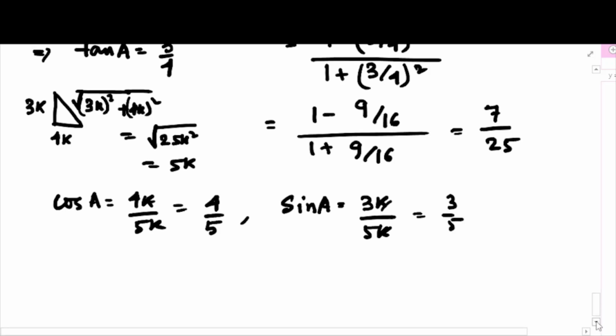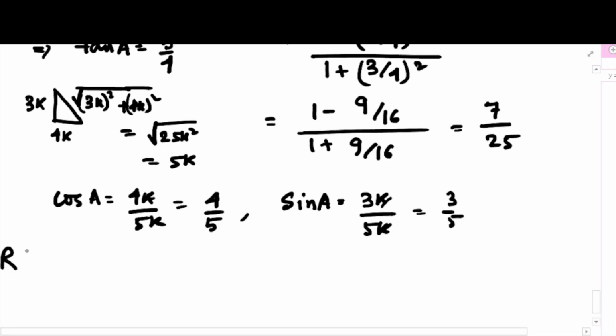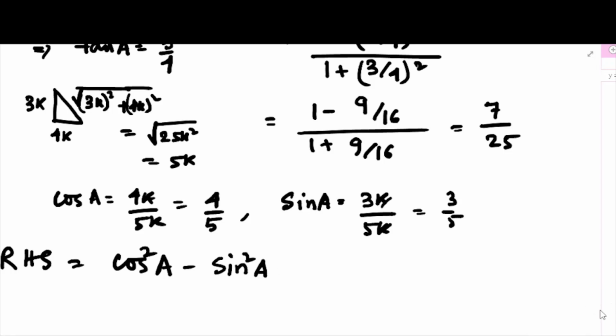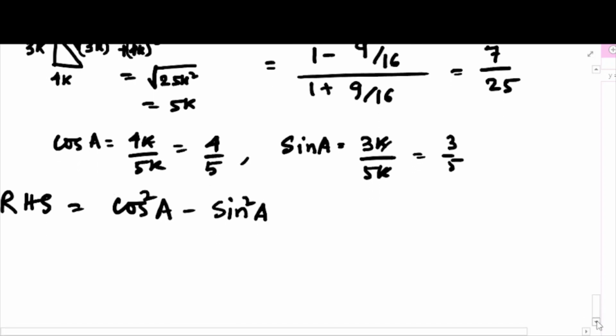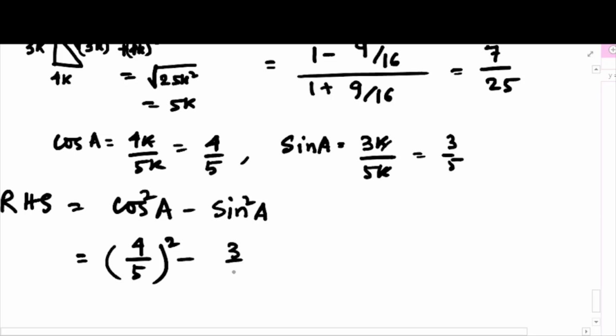Okay. Now in the RHS part, what we have? Cos square A minus sin square A. We already got the value of cos A, we already got the value of sin A, right? So if we put the values here, 4 by 5 whole square minus 3 by 5 whole square. 4 by 5 whole square means 16 by 25.